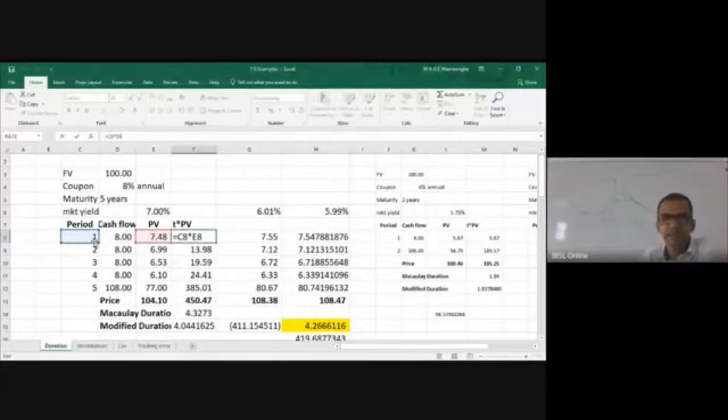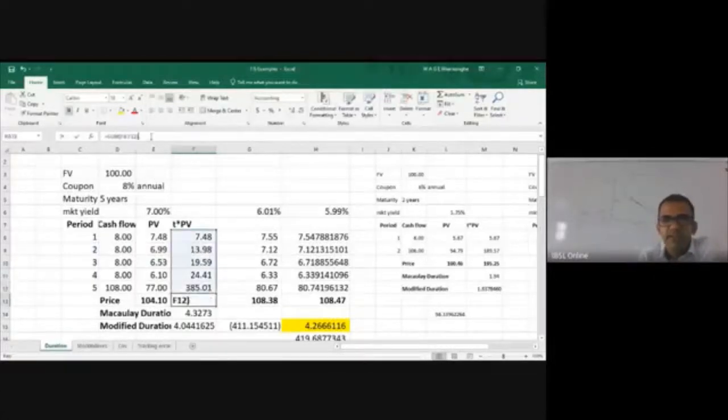We multiply these two together for each and every time. Then we add them together. We get this figure. The Macaulay duration is then this total divided by the current price. So you get a Macaulay duration of 4.32.